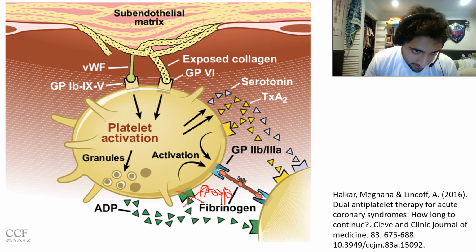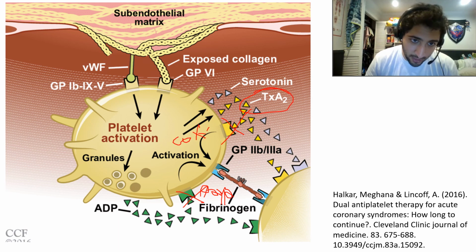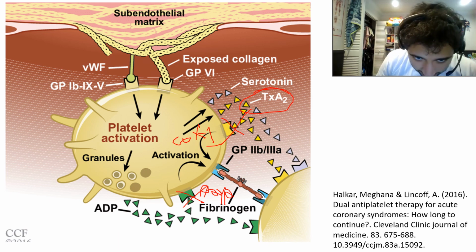This we inhibit with their inhibitors, we'll talk about on the next slide. And then over here, you see thromboxane A2, we can inhibit this. We're not inhibiting its receptor, but what we're doing is we're inhibiting the actual synthesis because we're going to inhibit cyclooxygenase 1. All right, you can see here the GP2B3A receptor binds fibrinogen, that binds to another 2B3A receptor.